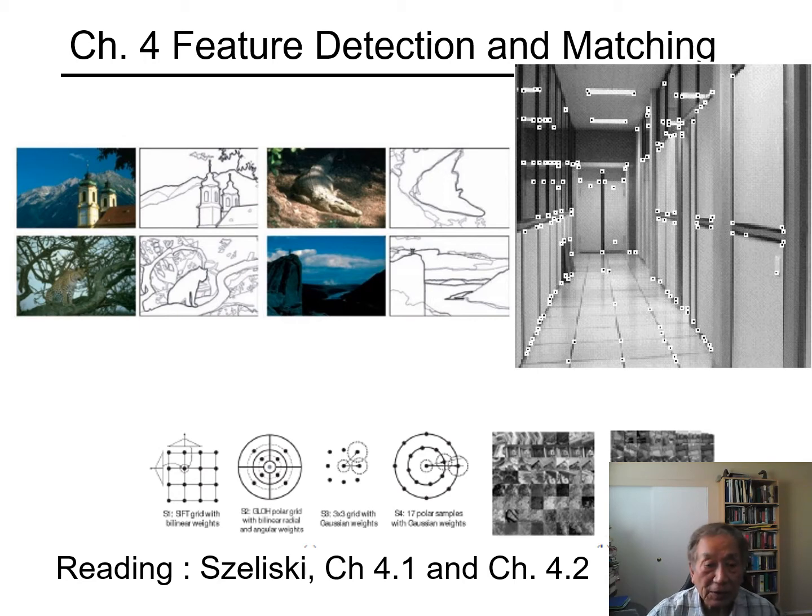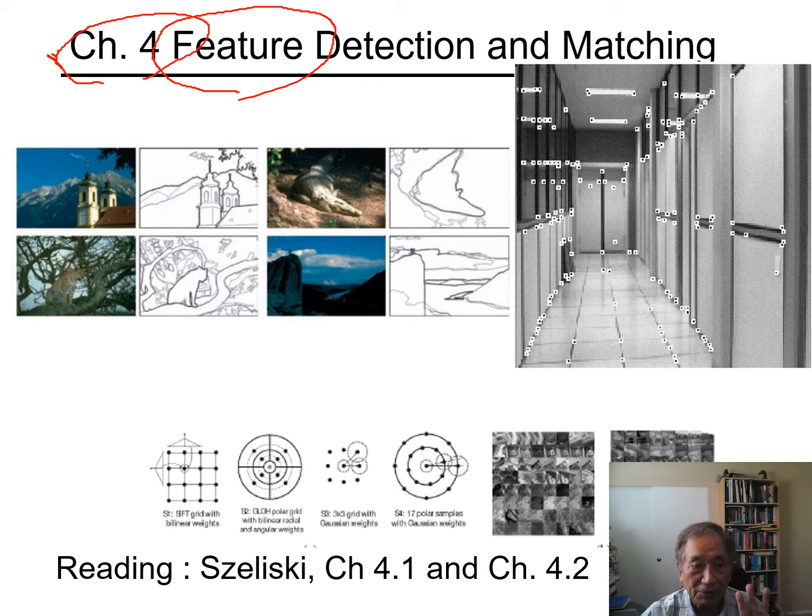Okay, so this chapter, this PowerPoint, is about feature detection and matching. Of chapter 4, we have covered 3 subjects in terms of PowerPoints. So I made 4A. That was edge detection, so it's more like how to know those boundaries and the edges.